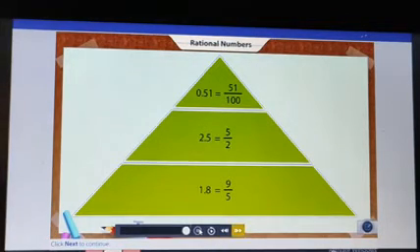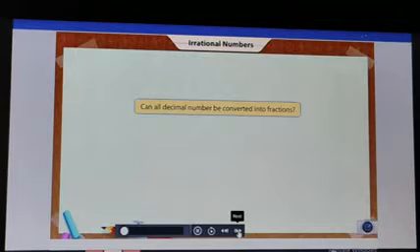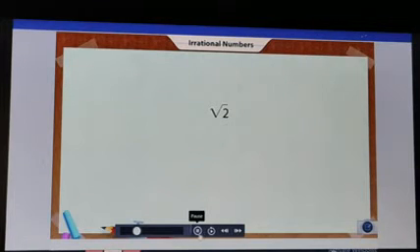So here we had seen the decimals which are terminating. Now can all decimal numbers be converted into fractions? Of course not. There are many decimals which cannot be converted into a fraction in the form of p by q. There are certain numbers which cannot be converted in the form of fractions, for example, root 2, root 3, pi, and so on.